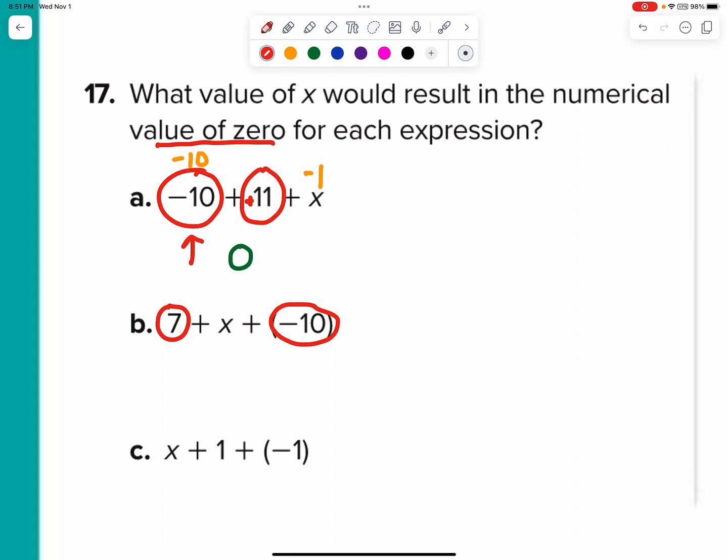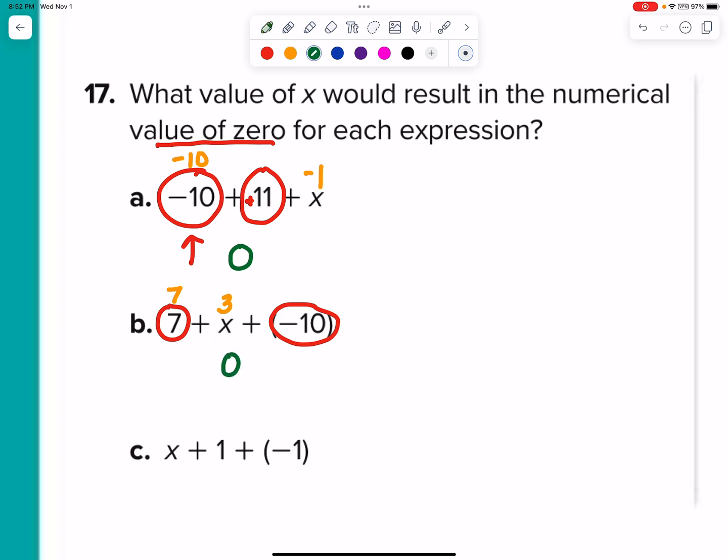I would need the 7 to be a positive 10. Well, it's not. Right now it's just a 7, right? How would I get that to be a positive 10? Well, I'd add 3 more. So this x would have to be 3 for me to have the 7 and the 3 equal 10. And then I'd have a positive 10 and a negative 10. And we know that would equal 0.